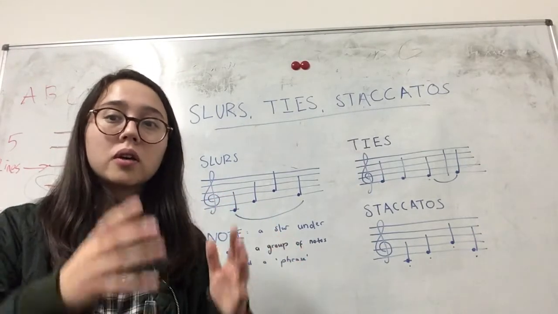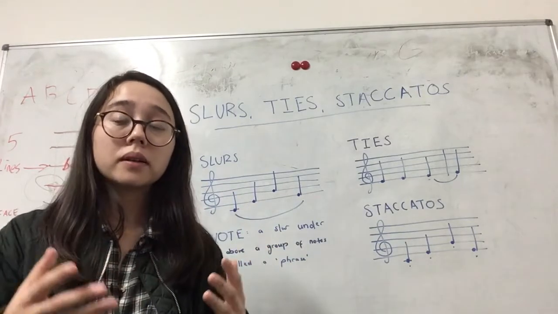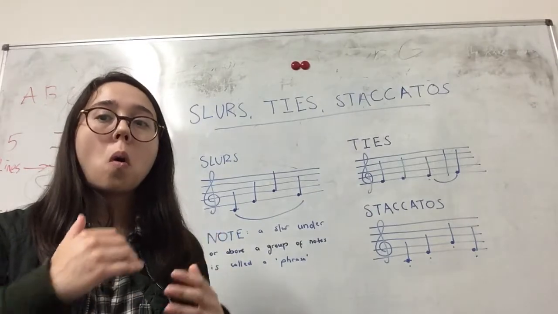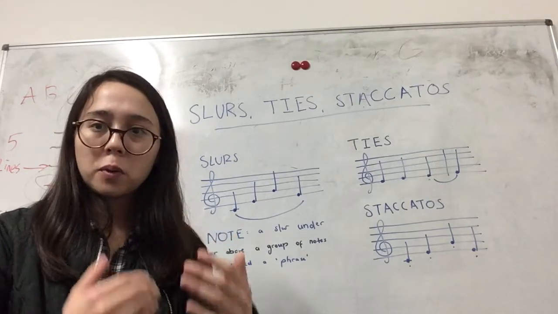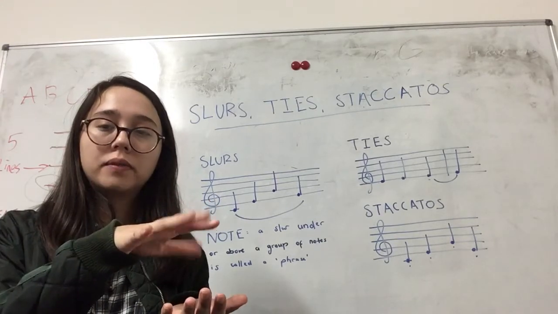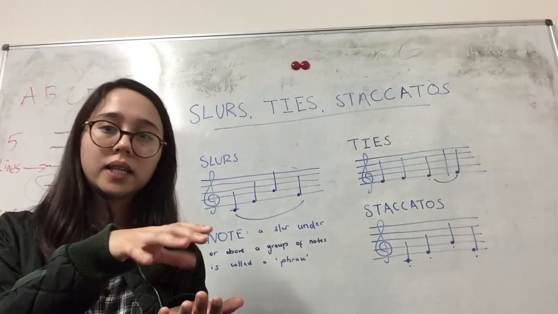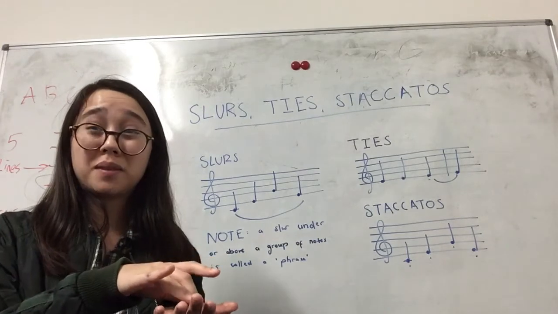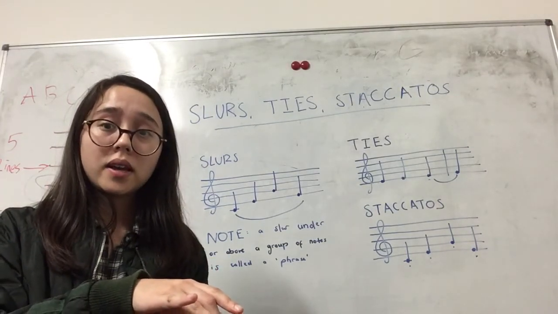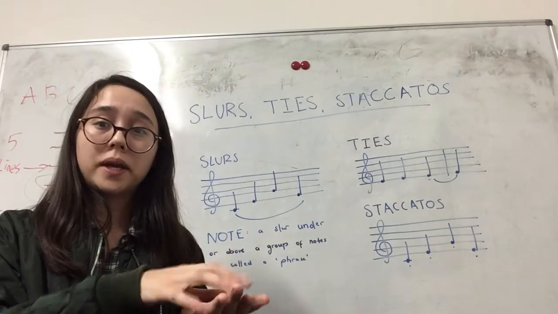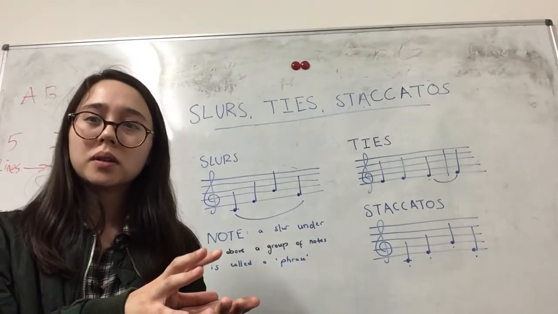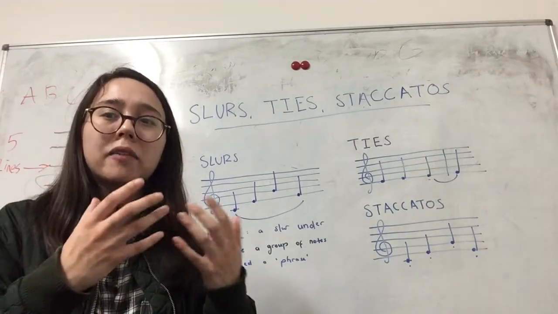Now, what you have to keep in mind though, as you are performing a group of notes under a slur or above, whatever that may be, is that you don't want to overlap. What I mean by that is, let's say I have these notes pushed down at the same time for a lengthy time, and I still have that note down while I'm playing all these other joined, connected notes, what it creates is a lack of clarity.